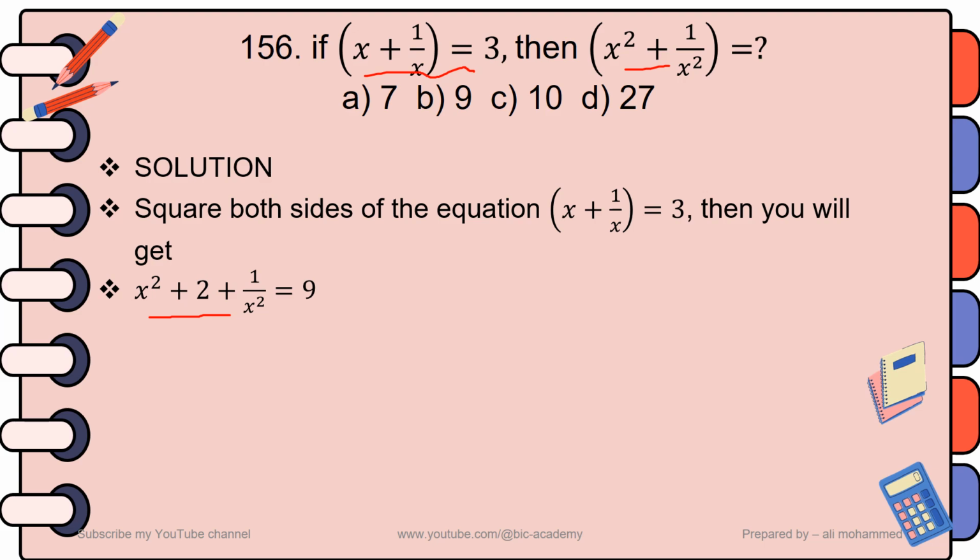Then rearrange it. That means take 2 to the right side of the equation. Then you get x squared plus 1 over x squared is equal to 9 minus 2, and you get x squared plus 1 over x squared, which is equal to 7. Again, the answer for this question is choice A.